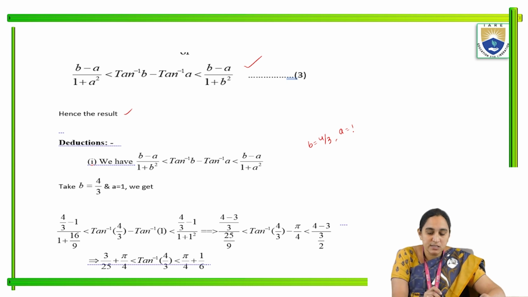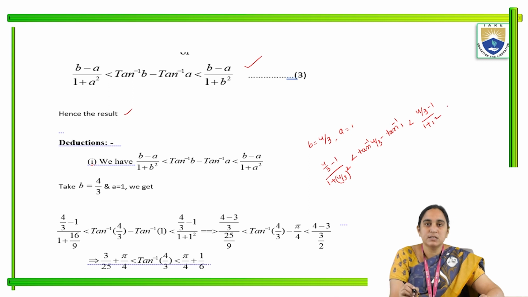Observe and substitute. Here in place of b, I am substituting 4 by 3 minus 1 by 1 plus b square, that means 4 by 3 whole square, that is 16 by 9. That is 4 by 3 minus 1 by 1 plus 4 by 3 whole square less than tan inverse 4 by 3 minus tan inverse 1 less than 4 by 3 minus 1 by 1 plus 1 square.